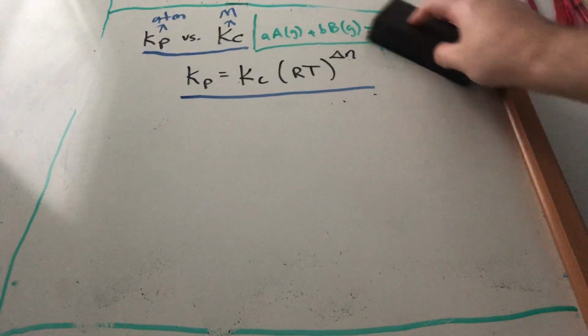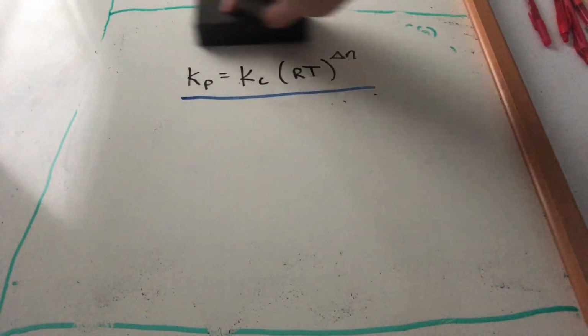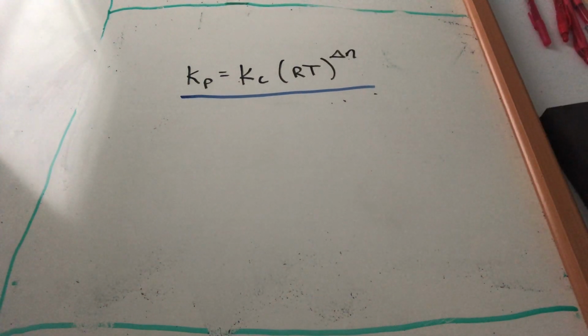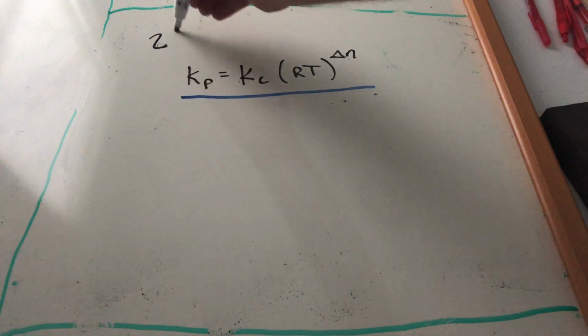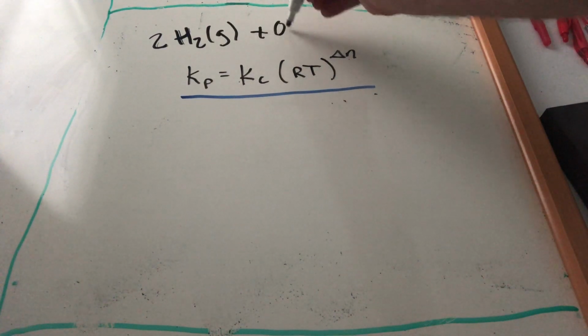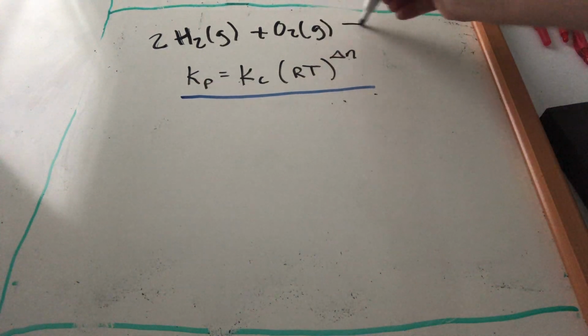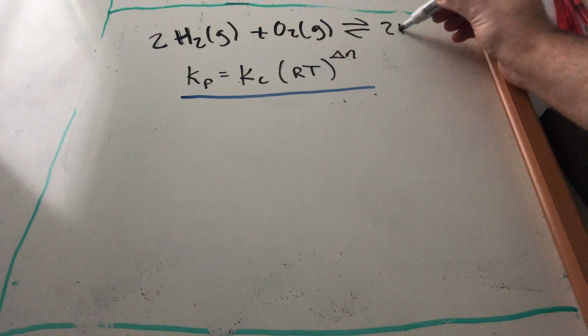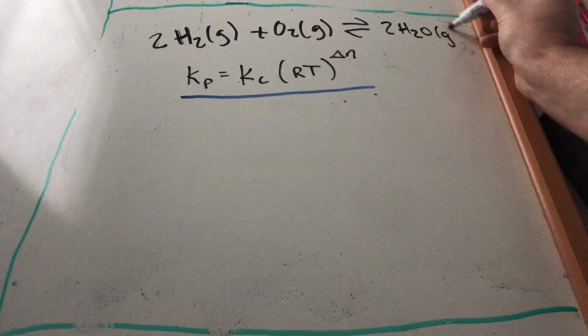So let's take a look at an example. Let's look at a reaction and calculate both Kp and Kc for this reaction. Let's take a look at 2H2 gas plus O2 gas in equilibrium with 2H2O gas.